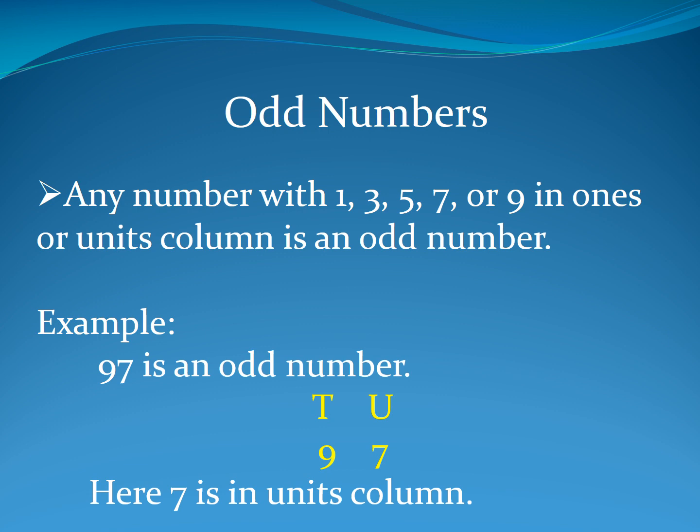For example, 97 is an odd number. When we place it in its respective columns, digit 7 lies in the units column. Since 7 is an odd number, 97 becomes an odd number.